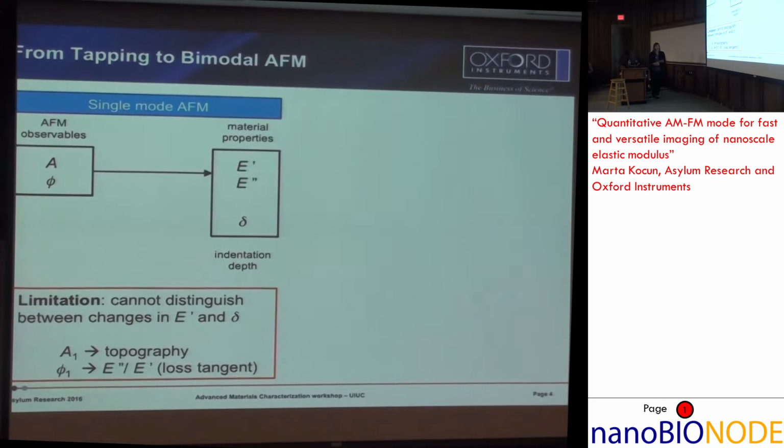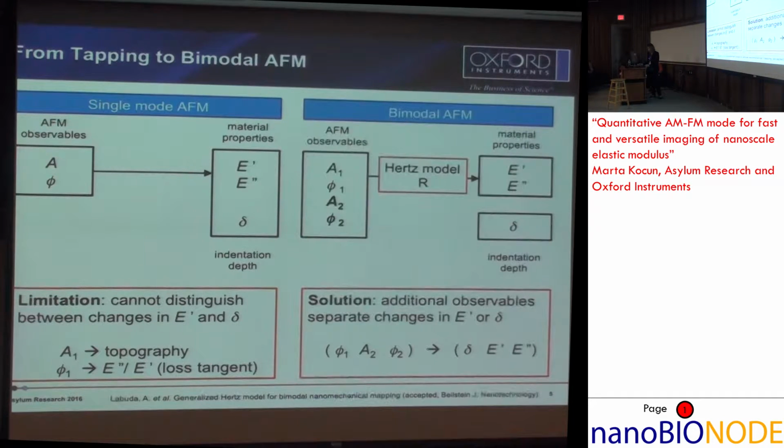Once again, the reason is that you are using a single mode of the cantilever. What we observe here on the left is amplitude and phase, and from there, the material properties are always there. However, they're grouped together. We're seeing the elastic and loss modulus and the indentation, they're all there, but they're grouped together, and there's no way for us to distinguish between them. So that's one limitation of single mode AFM imaging.